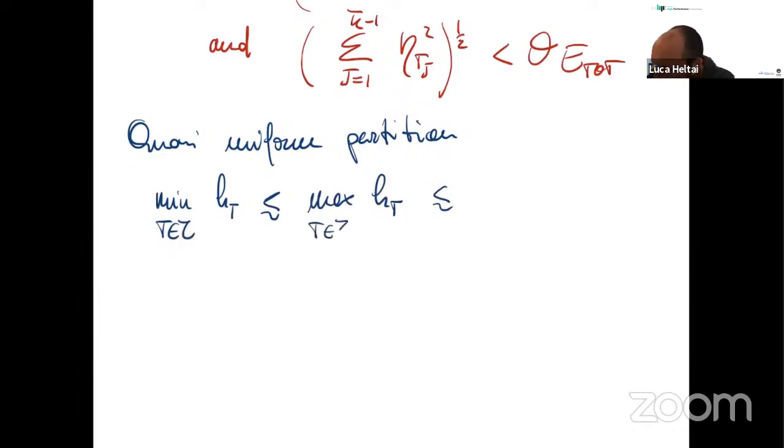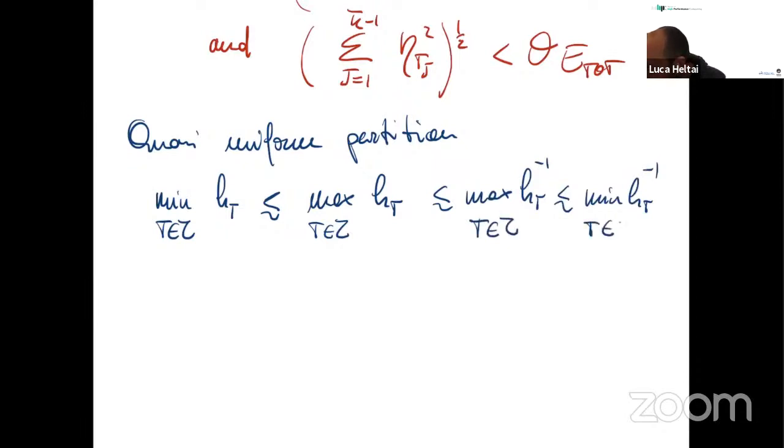And all of these are equivalent for a quasi-uniform partition. So there exist constants which depend only on the shape regularity of the triangulation, for which this is the case. The constants only depend on the shape regularity of the single element.